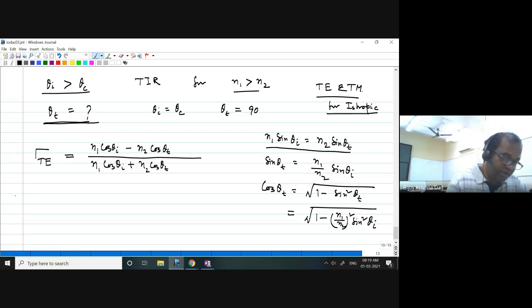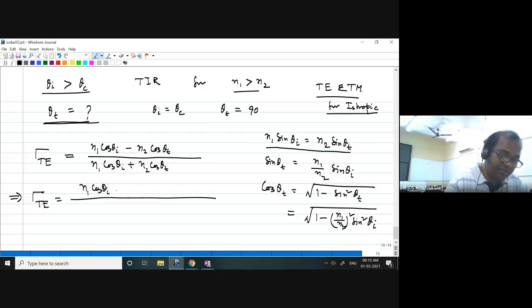So we write that one here in this equation, gamma TE equal to n1 cosine theta i, that is our incident angle.